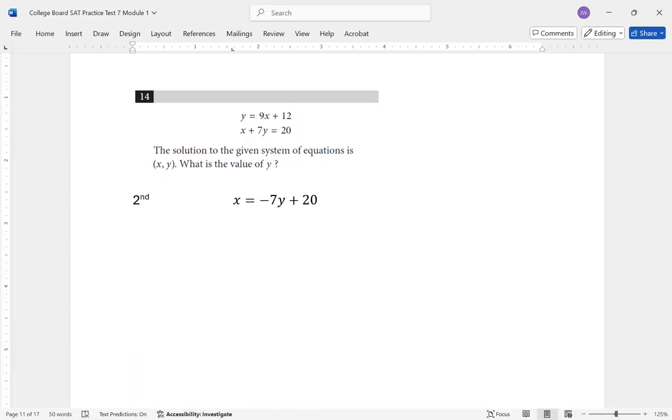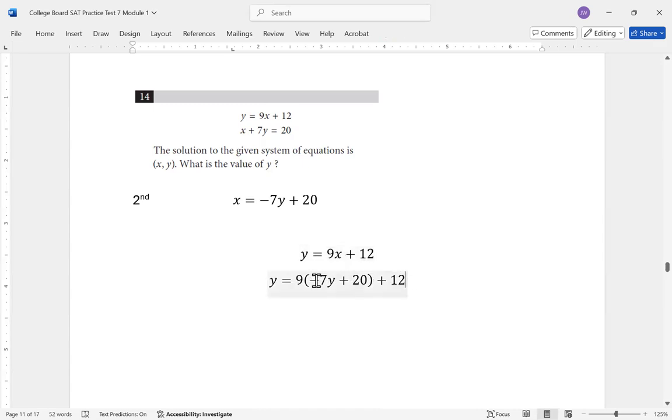And then if I substitute that expression into my x value for the other equation, in other words, take y equals 9x plus 12, and then substitute in for x that negative 7y plus 20. So I replace the x with a negative 7y plus 20.